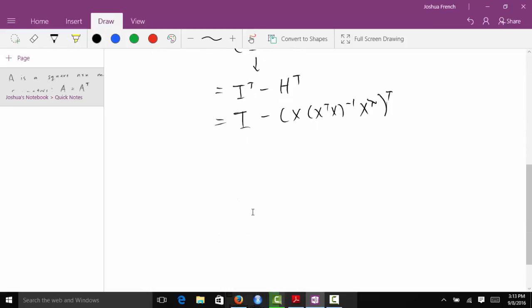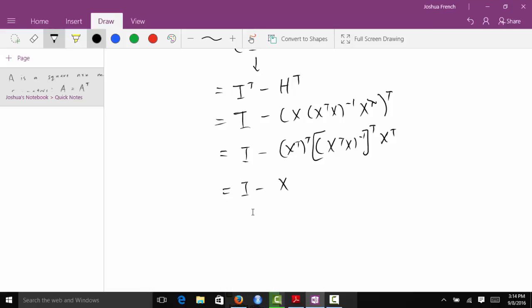And you may remember that when you are taking the transpose of a product of matrices, you basically have to reverse the order of the matrices that you're taking the transpose of, and then you transpose each individual matrix. And so what that means is that we get I minus, and then X transpose transpose times X transpose X inverse transpose times X transpose.